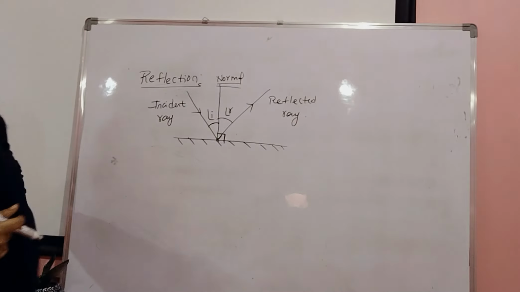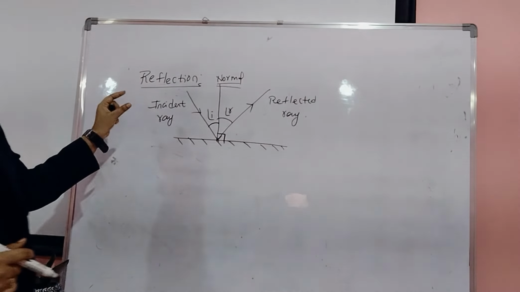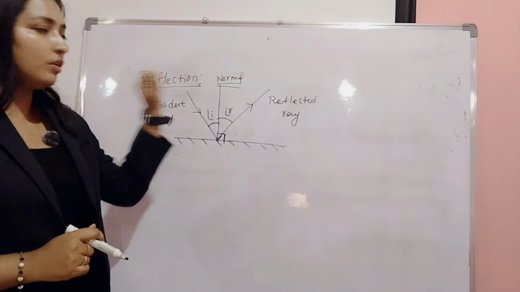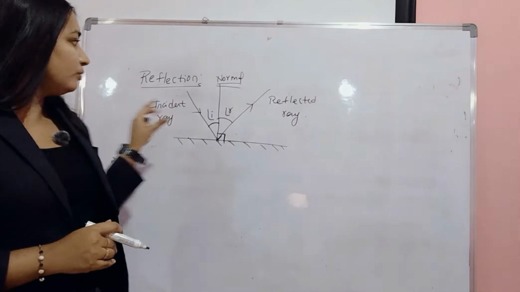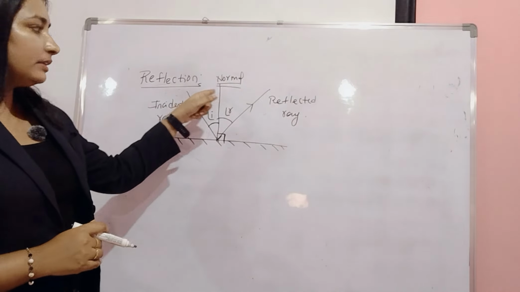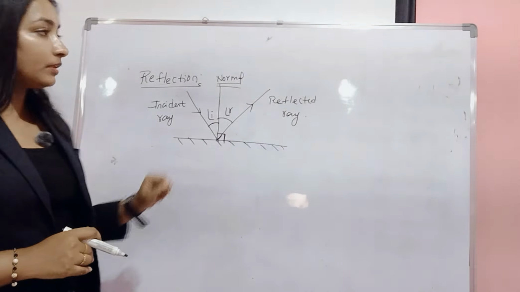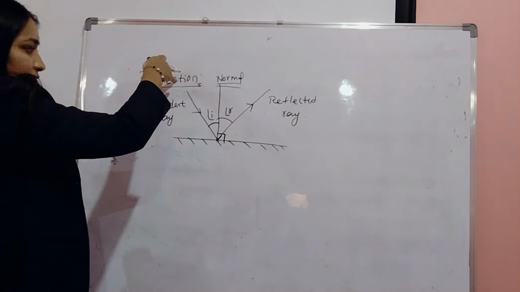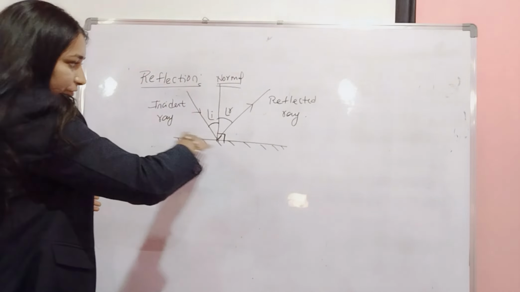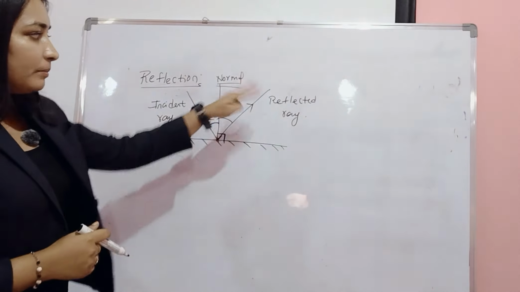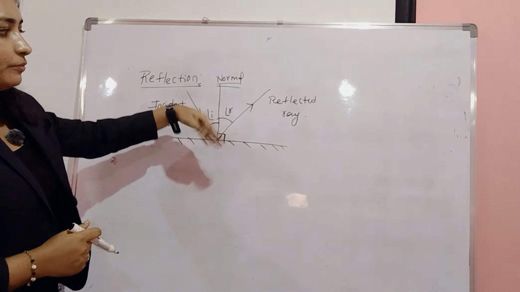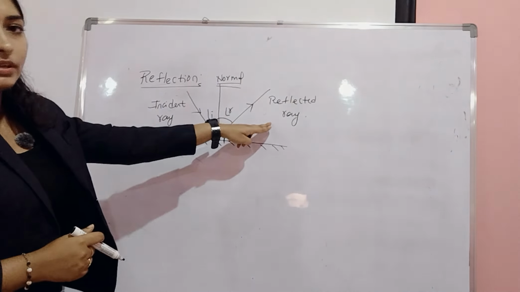Is it clear? So you understood what is incident ray, reflected ray, normal. The incident ray is the light ray which is incident on the surface. The ray which is reflected back from the mirror is the reflected ray.